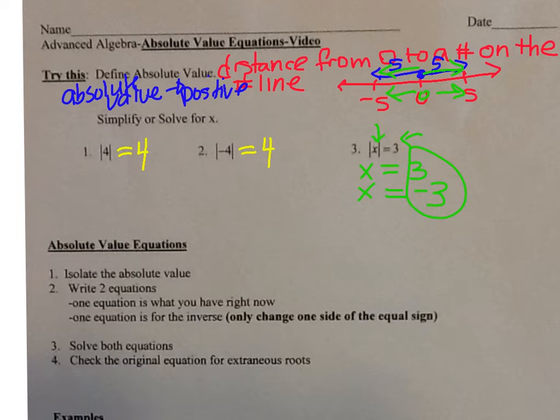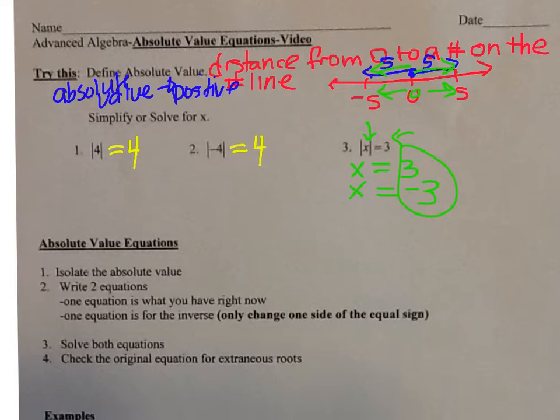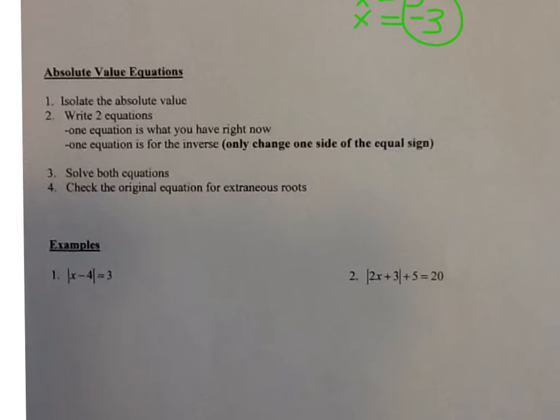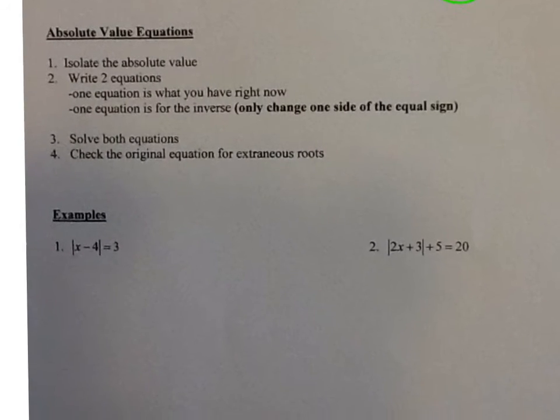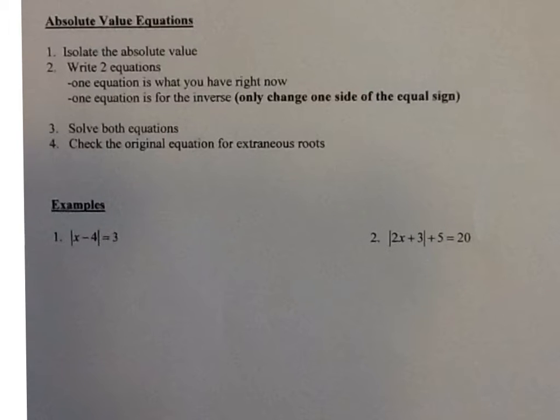All right, so now we're going to talk about absolute value equations that are a little bit more complicated than what we have for number 3. Okay, so let's talk about the procedure. The first thing you always do, just like what we did with radical equations, we isolate the absolute value, which means to get the absolute value all by itself. Nothing in front of the bars, nothing behind the bars.